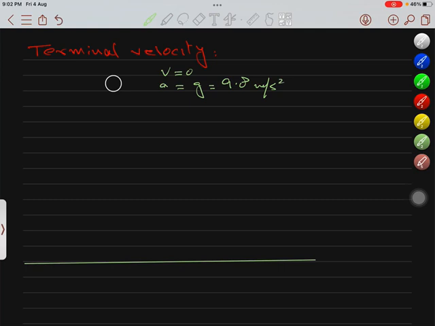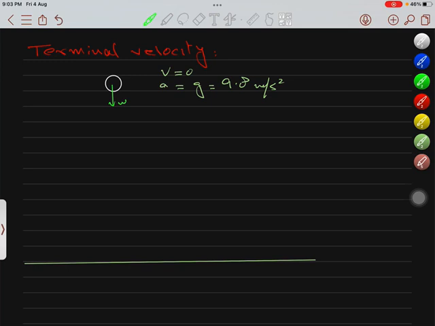Now talk about the forces. What force is acting on the ball, which is taking the ball downward? That is the weight of this ball. So the weight of the ball is acting downward, and the upward force is air resistance.